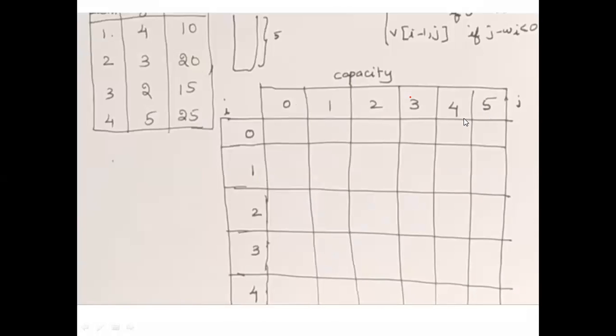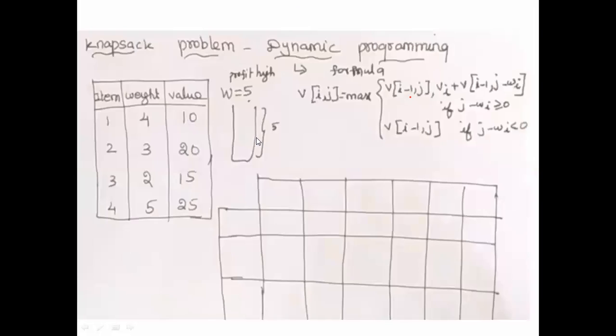This is common for all problems. If the capacity of the bag is 5, then 0 to 5 goes row wise, that is J, and the number of items is 4, so 0 to 4 goes column wise, that is I. The total capacity of the bag is 5, so we have to achieve the maximum profit by choosing which items to insert.